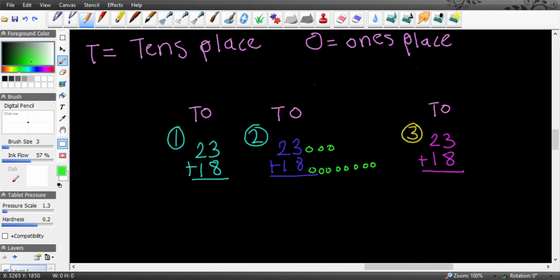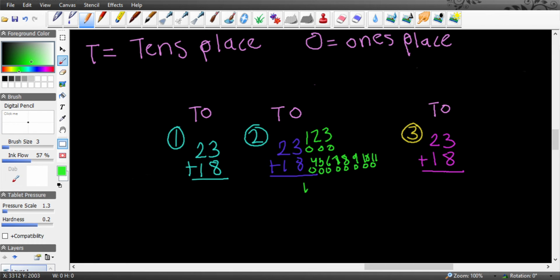So let's add them. 1, 2, 3, 4, 5, 6, 7, 8, 9, 10, 11. So 3 plus 8 is going to be 11, so we know that. But wait. That's the same answer we got for 9 plus 2.